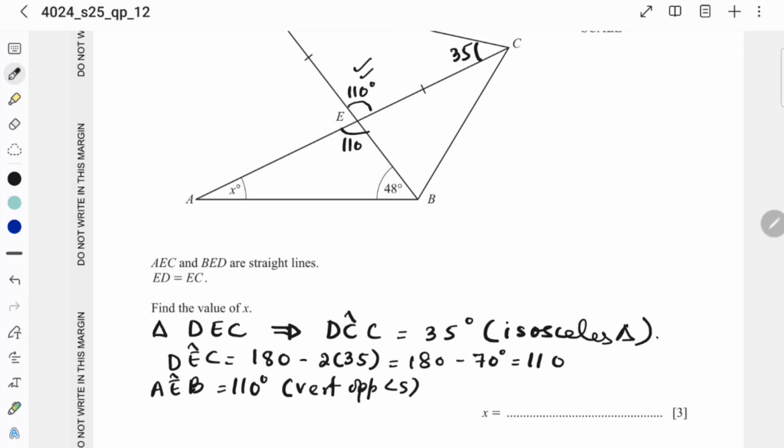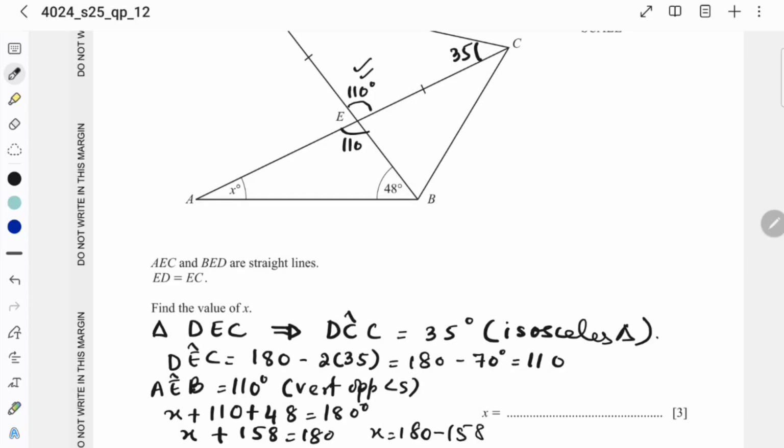Now we are ready to find out the value of x. x plus 110 plus 48 is equal to 180 degrees. So that makes 158. x plus 158 is equal to 180 degrees, so x is equal to 180 minus 158, which is only 22. So 22 is the answer for this question.